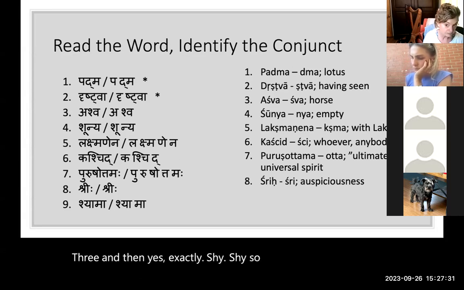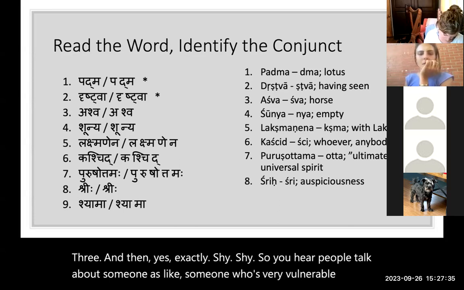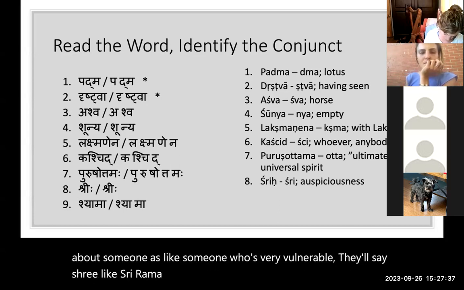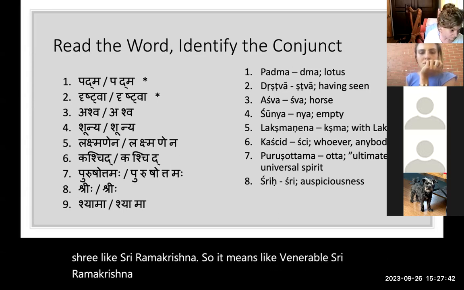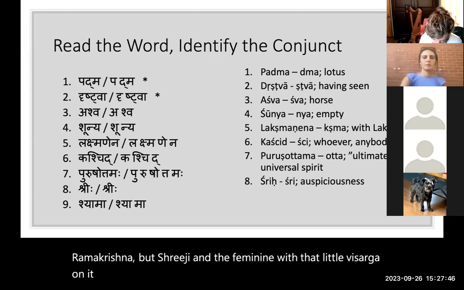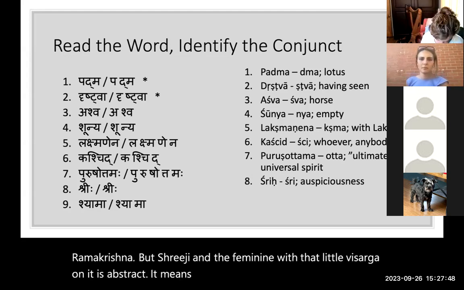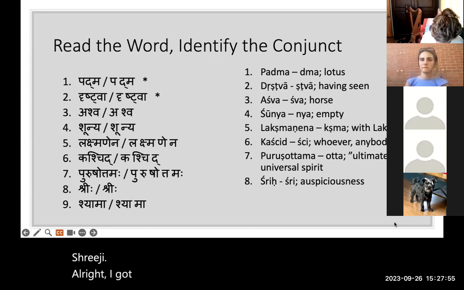You hear people talk about someone who's very venerable. They'll say Shri, like Shri Ramakrishna. So it means venerable. But Shrihi in the feminine with that little visarga on it is abstract. It means auspiciousness or venerableness. Shrihi.